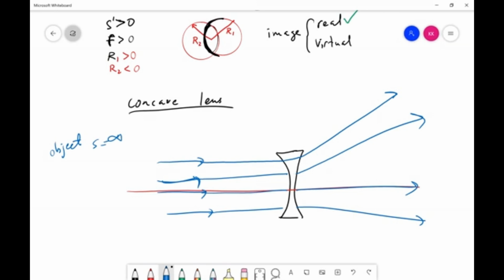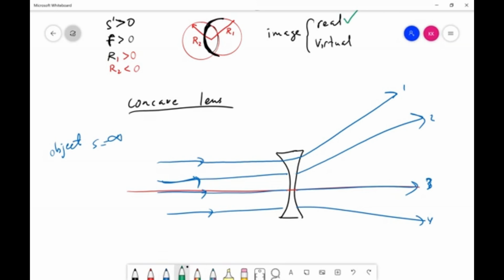That means if you look at all those outgoing lights, let's say ray 1, ray 2, ray 3, and ray 4, none of them will be converging to intersect with another ray. All of them are diverging away. Now, how do we find the image?